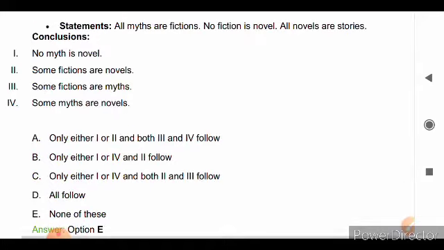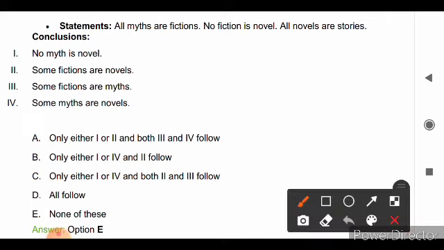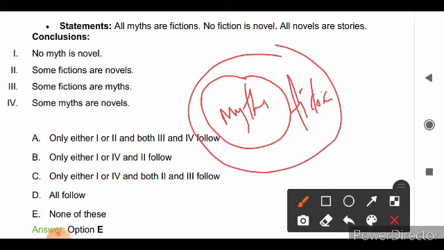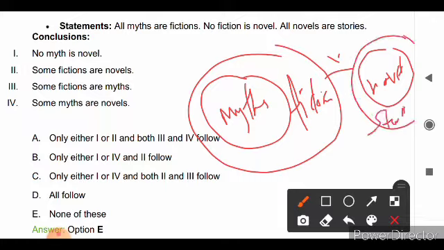Next question. Statements: all myths are fictions. No fiction is a novel and all novels are stories. Conclusion 1 is no myth is a novel. This conclusion is right. Conclusion 2, some fictions are novels. So this conclusion is wrong. Conclusion 3 is some fictions are myths.